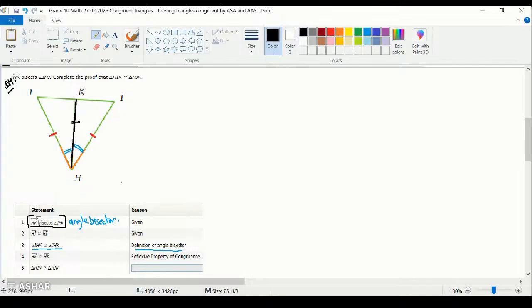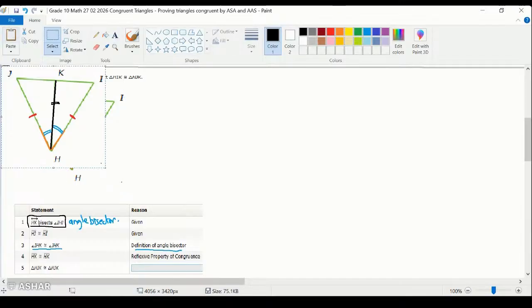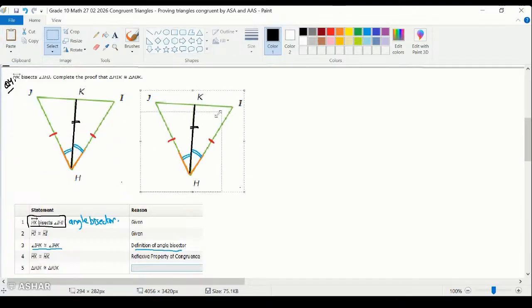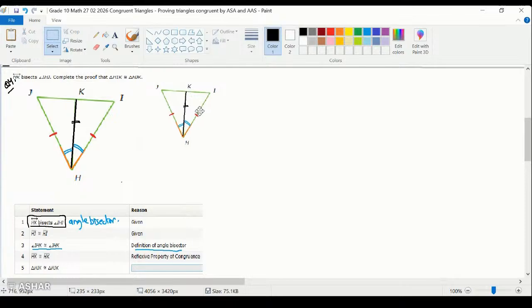So can we say these two shapes, okay, I'll just recopy this so that I can show you what is exactly happening over here. If I remove this part of the shape, and if I remove this part of the shape, can I say that these two parts of the shape are a mirror image of each other?